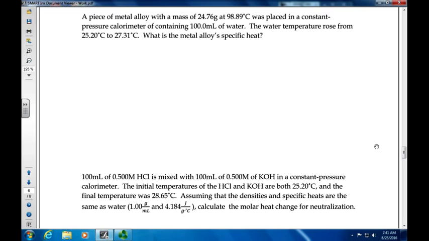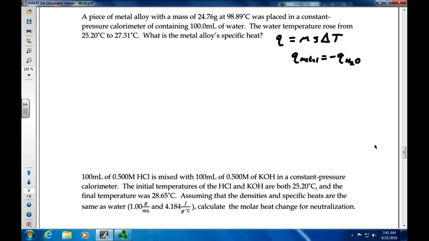Going back to our specific heat formula, which, if you recall, is Q is equal to m s delta T, which we used just a little while ago. We'll come back to that formula in just a moment. But the first thing you're going to want to realize is that the heat of the metal is going to equal the negative heat of the water in the calorimeter.